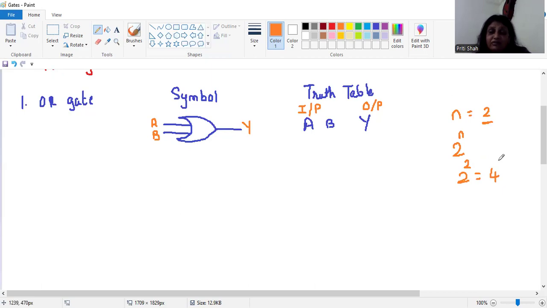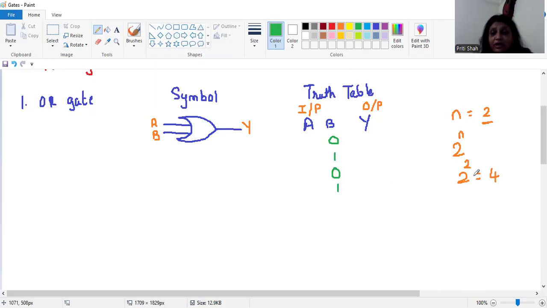And for that, we have to give the corresponding output. Now, which 4 combinations of input do we have? Now, we don't want to repeat any input, okay? So, for not repeating the input, what we can do is, you start with the B over here and start writing 0, 1, 0, 1.